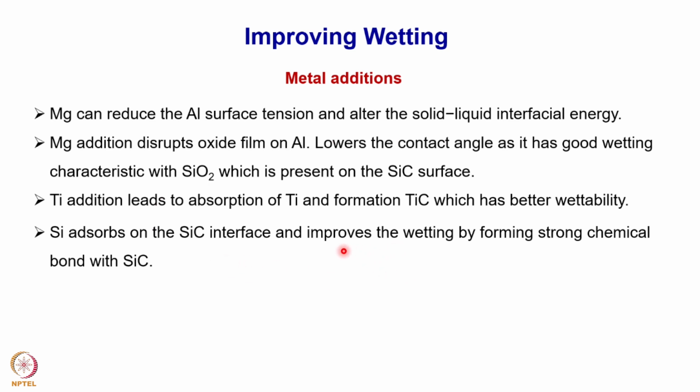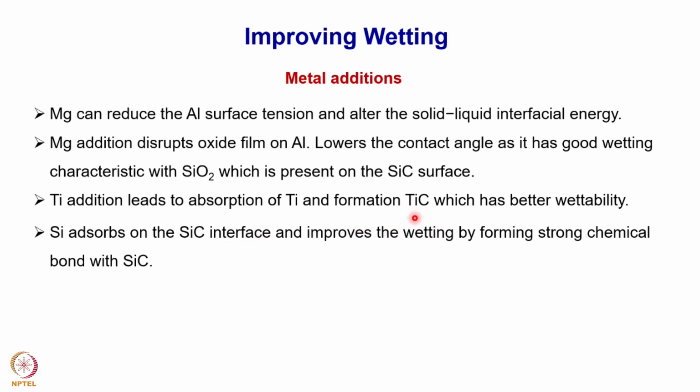This will also modify the conditions in a way which will lead to a low contact angle and therefore a better wetting. It can be either through the modification of the surface by disrupting the surface film, for example, or there can be metals which can actually segregate to the interface and lead to a good bonding between the metallic matrix and the ceramic reinforcement.